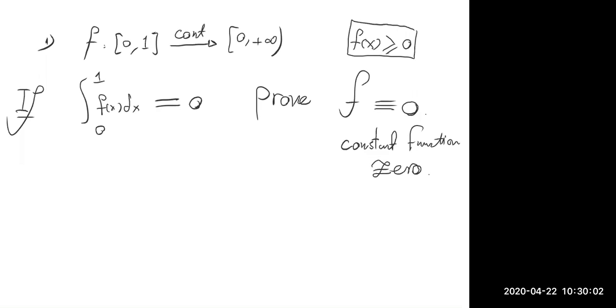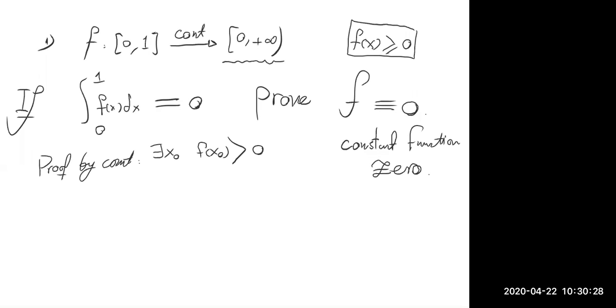As you mentioned, first we are trying to prove it by contradiction. So, proof by contradiction. Suppose it's not true. If it's not true, it means there exists a point x naught where f of x naught is not zero, but because the range is from 0 to infinity, it has to be strictly positive.